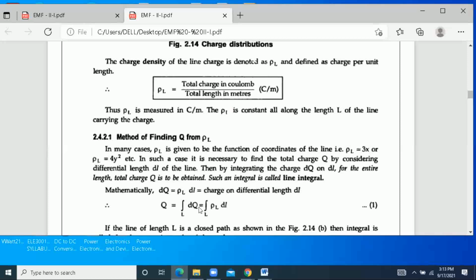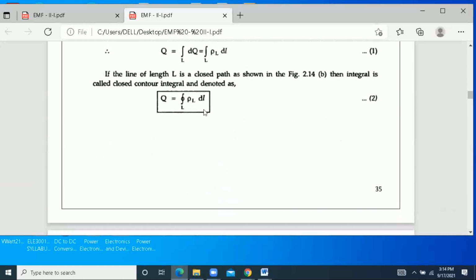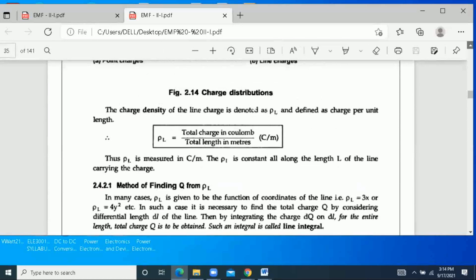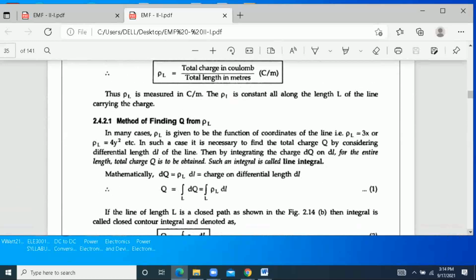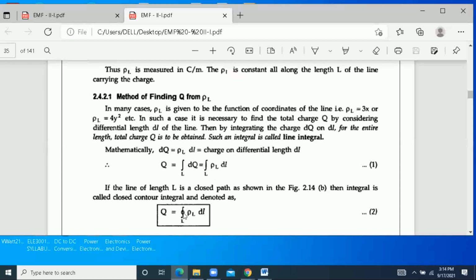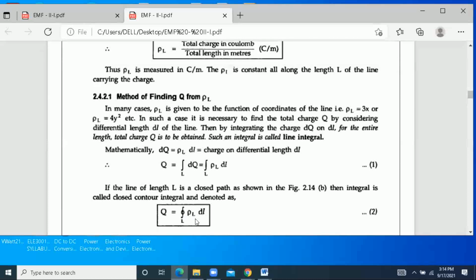With me so far? For the ring that I showed you, Q would be the integral around the ring of dq, which in that case would be 2 pi r.